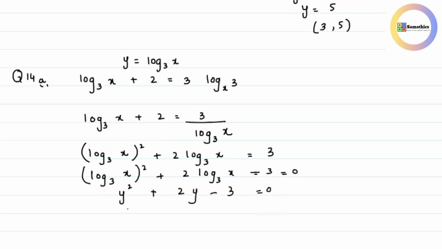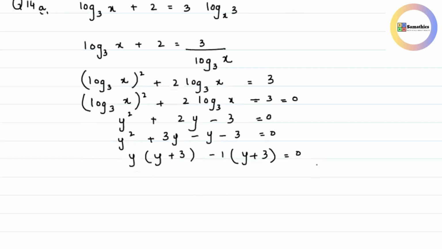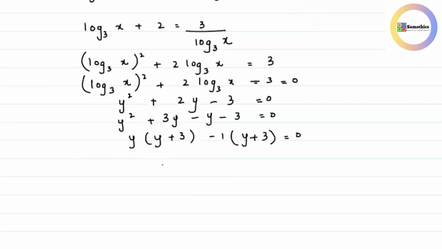Now you have got a quadratic equation, solve it: y squared plus 2y minus 3 is equal to 0, then (y minus 1)(y plus 3) is equal to 0, and then we have y is equal to 1 and y is equal to minus 3.